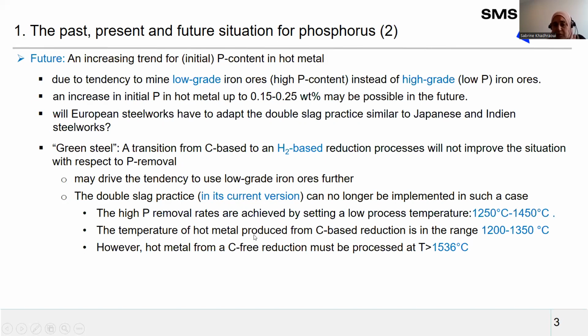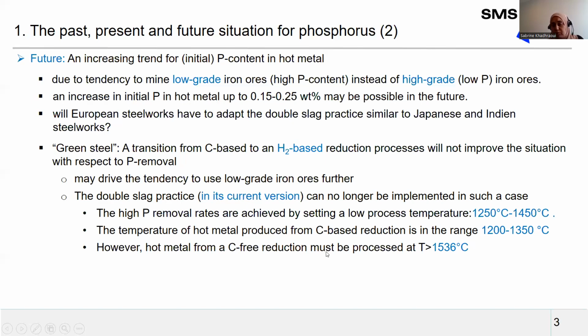This is possible when we use carbon for reducing, because the hot metal will be carbon saturated and it will have a low melting point, because carbon, as you know, lowers the melting point of iron. So it's possible to get liquid hot metal in this range, and thus it's possible to dephosphorize it at a low temperature.